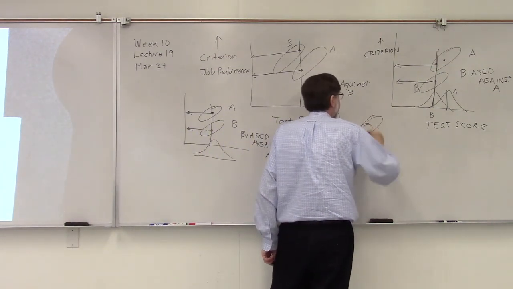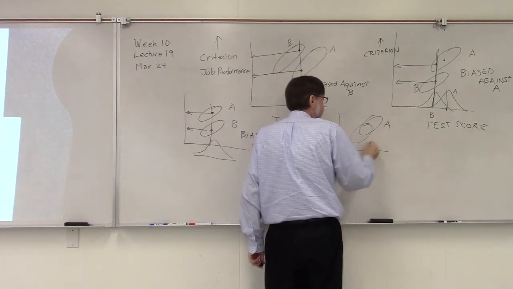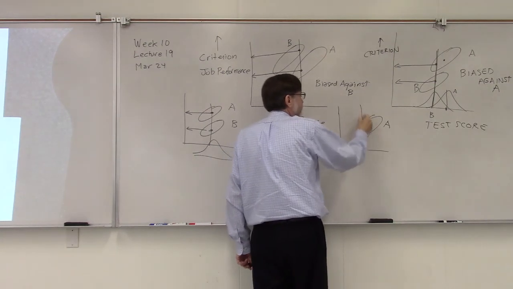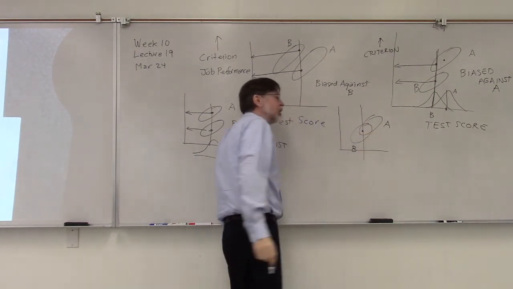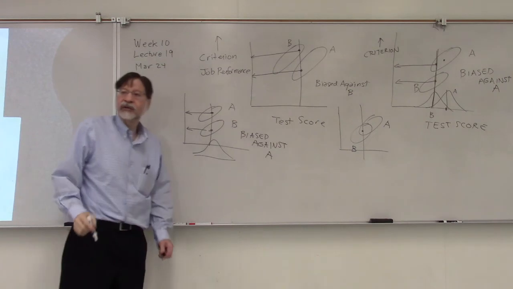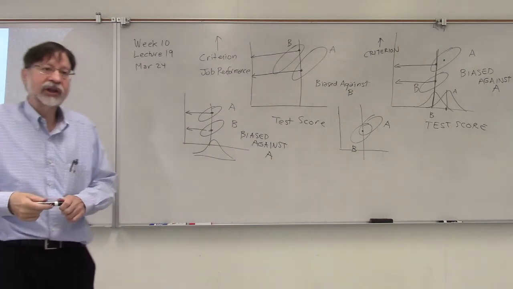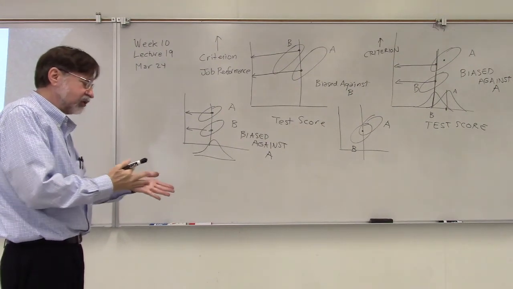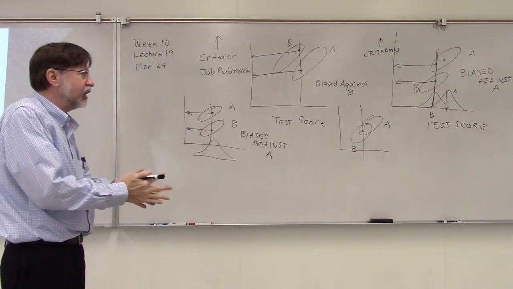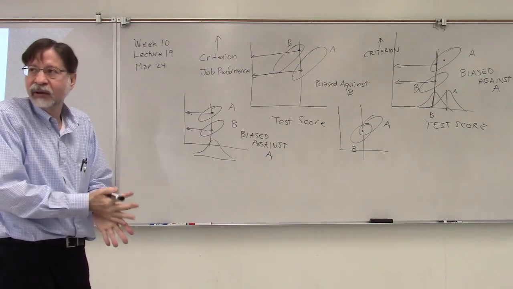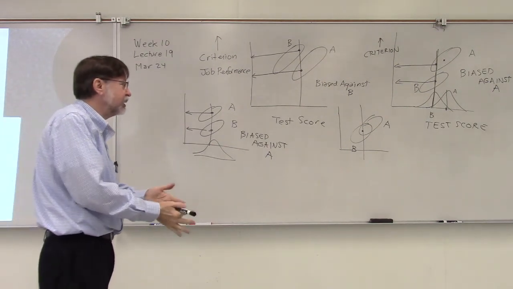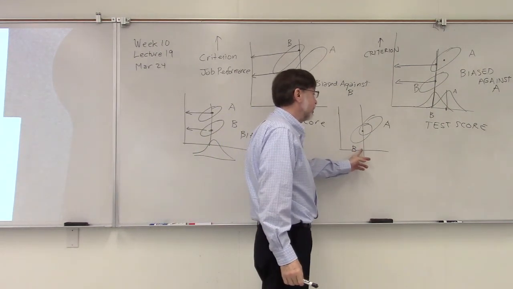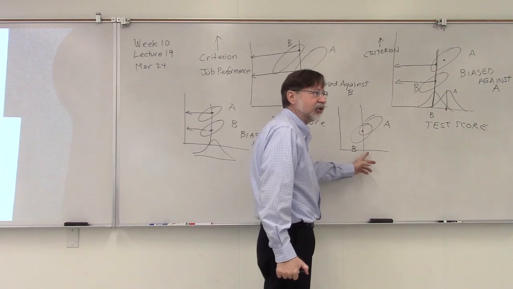Here's one where A is doing better than B on the test, but for the same test score, they're doing equally well. This one's unbiased. All right, so you need to distinguish between cases where maybe groups differ on something like strength, and strength is relevant to being a firefighter. And you can hire then the strong women, even though the average woman is not as good as the average man that takes this test.